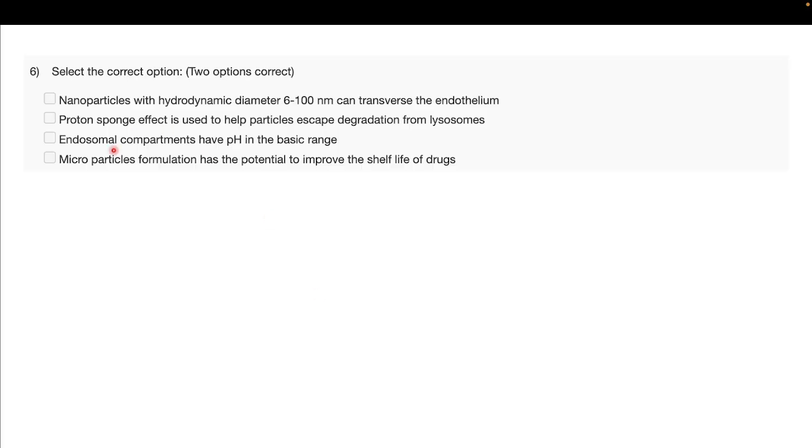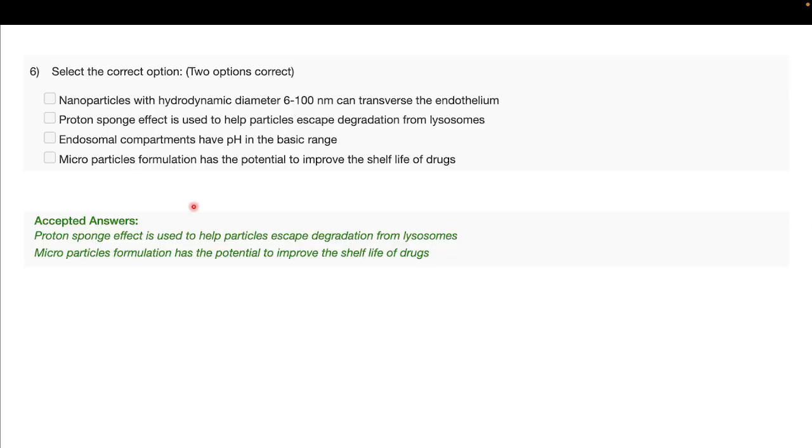Okay, 2 and 4. Let's look at the correct answer. Yeah, you're correct. The correct options are proton sponge effect is used to help particles escape degradation from lysosomes, and microparticle formulation has the potential to improve the shelf life of drugs. There is some mistake with this question because option 1 is also correct. Nanoparticles which have hydrodynamic diameter between 6 to 100 nanometer can cross the endothelium. So there's some printing mistake here. The first option is also correct.